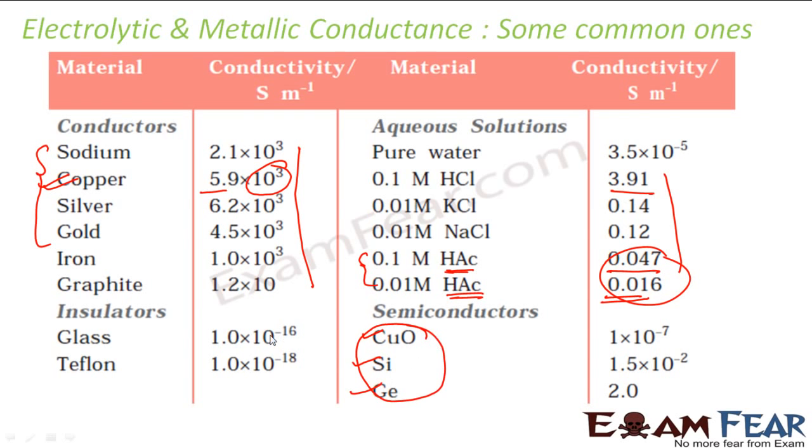So we won't study much about semiconductors. We have studied this in the last chapter itself. And glass and all, if you see, the conductivity is pretty bad and they are called insulators. Almost they don't conduct electricity. Correct? The unit of conductivity is Siemens per meter. That is the SI unit of conductivity.